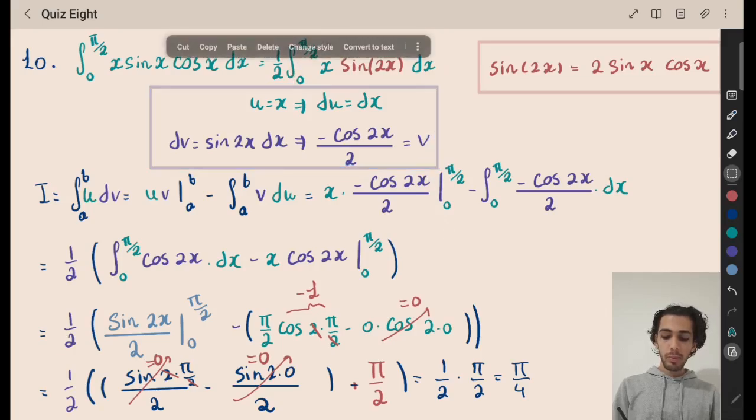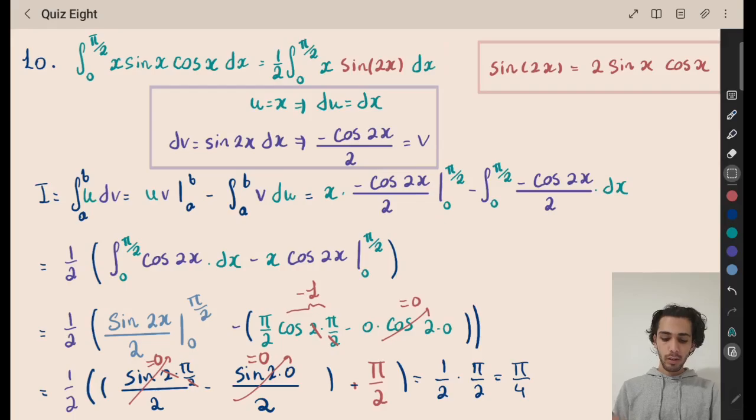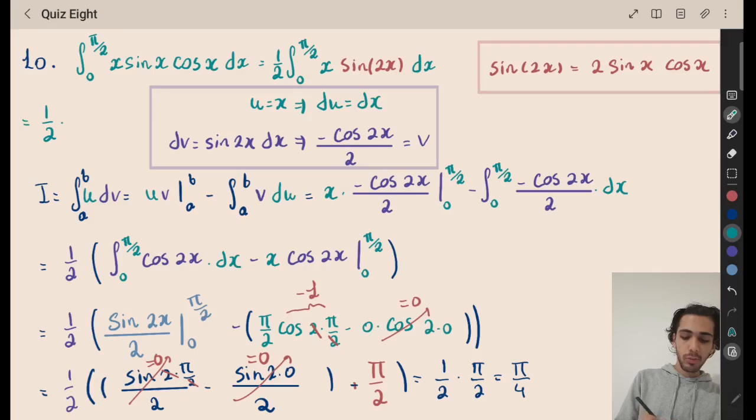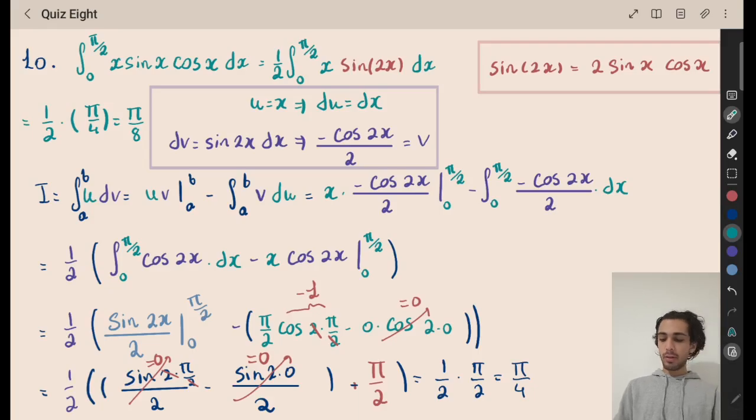So that's why. But I'm glad there's no mistake that needs to be corrected. So that makes me happy. So the answer to the question itself should be half of pi over 4. Then it is pi over 8. Then that should be the real answer.